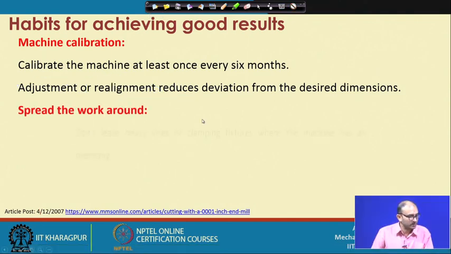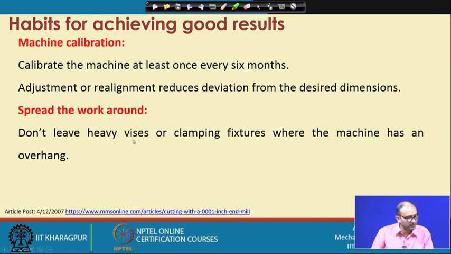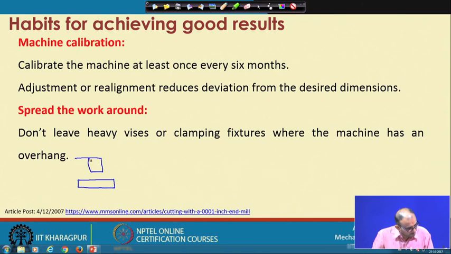Spread the work around. What is important is that you do not leave heavy vises or clamp fixtures where the machine has an overhang. What is this? Suppose your machine structure is like this: this is your table, this is the machine head and this is your tool.